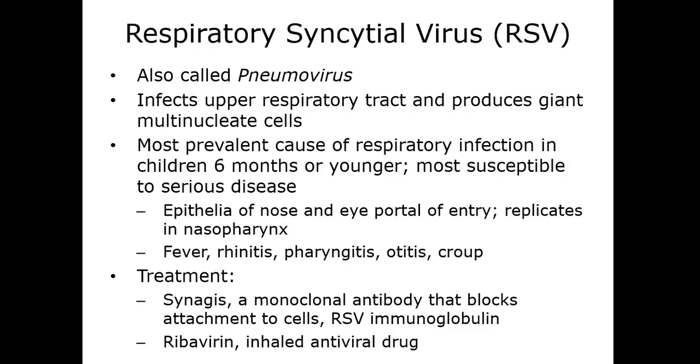Basically what we see is the epithelia of the nose and the eye are the portals of entry, replicating in the nasopharynx and causing conditions such as fever, rhinitis, which is a runny nose, pharyngitis or sore throat, otitis, which is the inflammation and swelling in the middle ear, and that coughing condition known as croup, kind of a dry, barking cough.